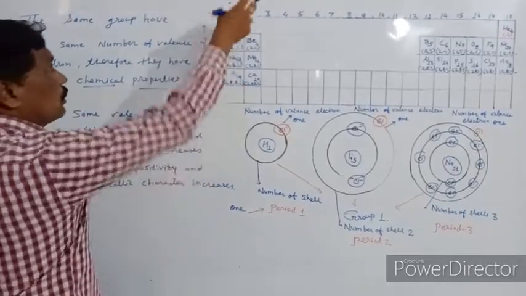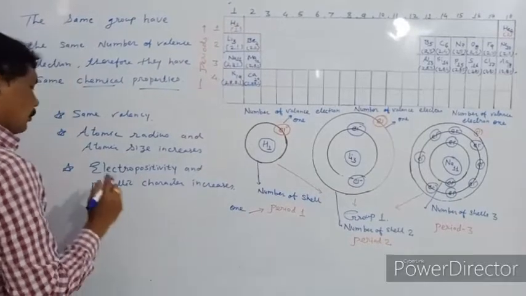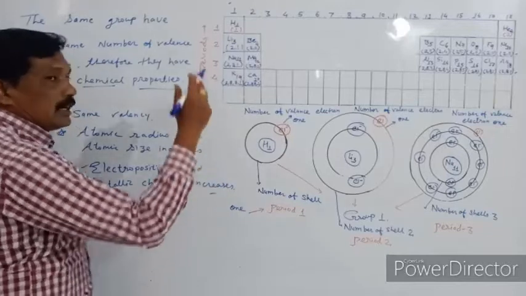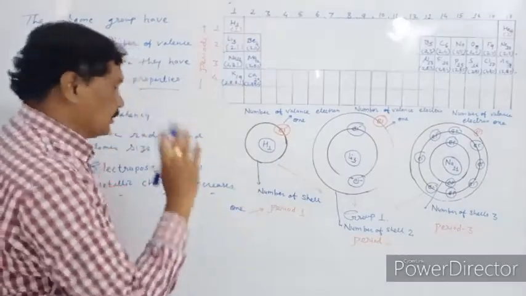As we move down the group, electropositivity and metallic character go on increasing.